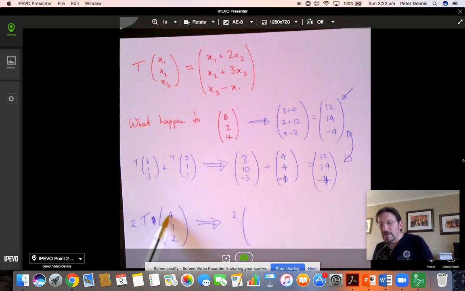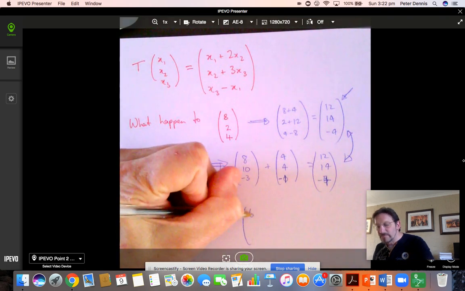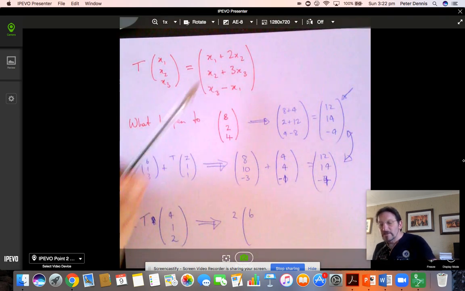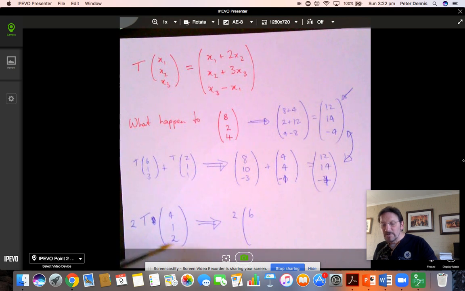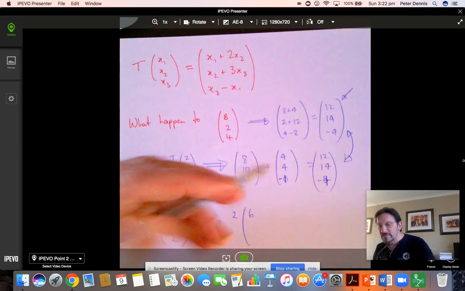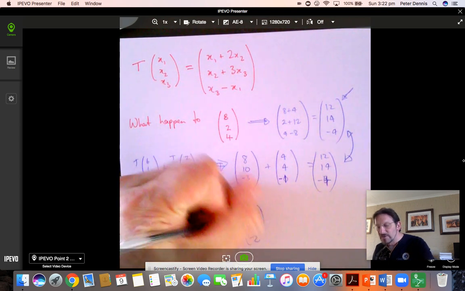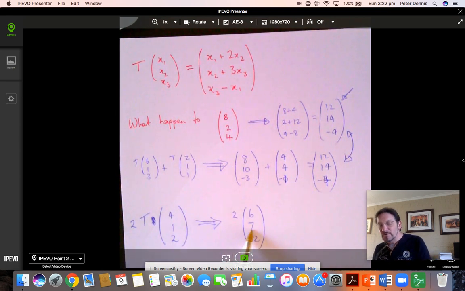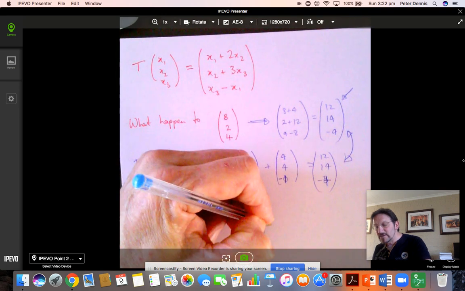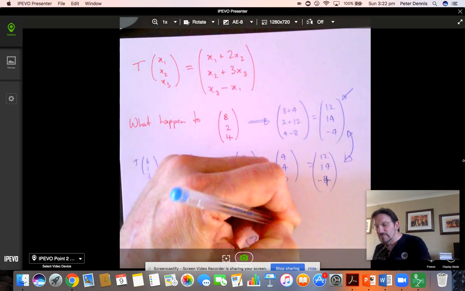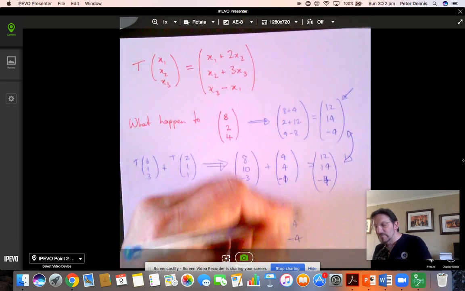We get x1 plus 2 times x2, so 4 plus 2 is 6. x2 plus 3x3, so 1 plus 3 times 2, which is 1 plus 6 is 7. And x3 minus x1 is 2 minus 4, which is minus 2. And obviously, when we multiply that by 2, we get back to exactly what we wanted, 12, 14, minus 4.